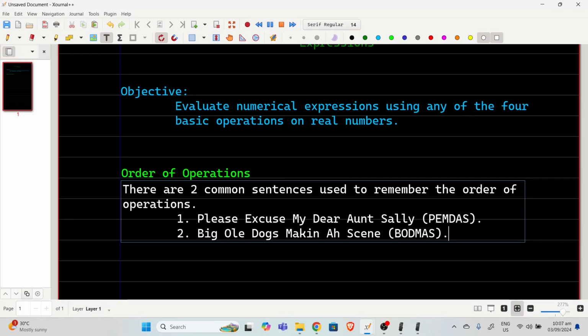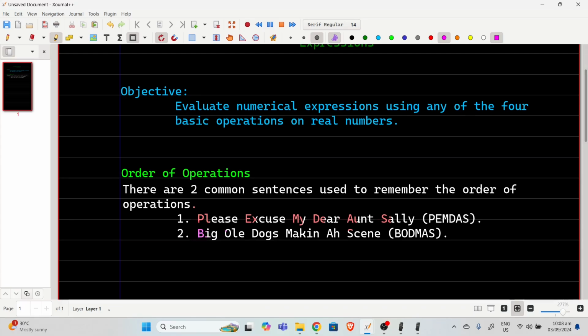Both of them will be used to deal with the order of the operations. And what we're going to do is use these first letters: this P, this E, this M, this D, this A, and this S to figure out the order of the operations for PEMDAS.